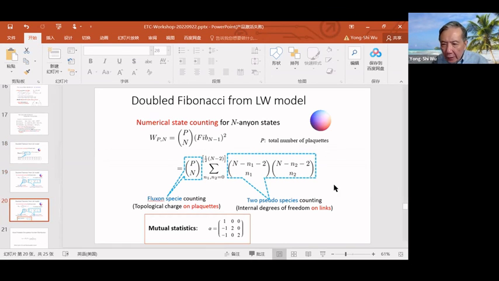And then we can determine that the anions in this system form a topological quantum field theory. We need to introduce two species, the pseudo species plus the anion species, so we can determine the mutual statistics for the three particles.